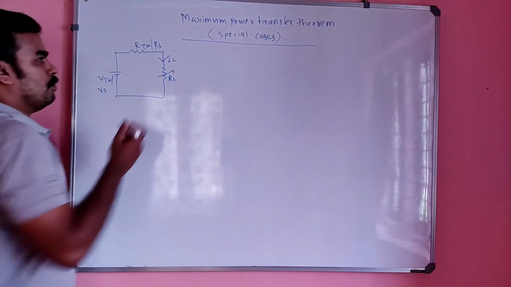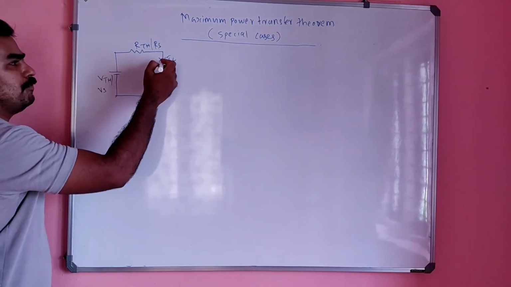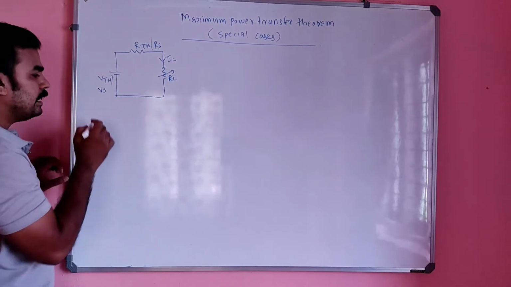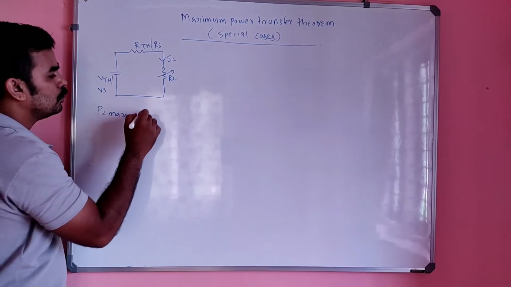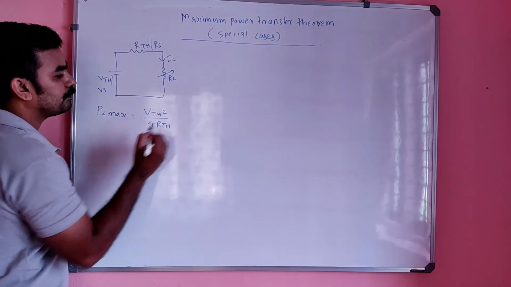We already studied that when a current IL flows through the load RL, the maximum power transfer, PL max, will be equal to V Thevenin squared divided by 4 times R Thevenin.